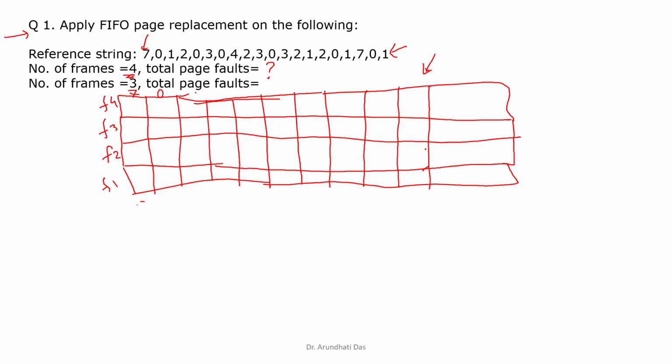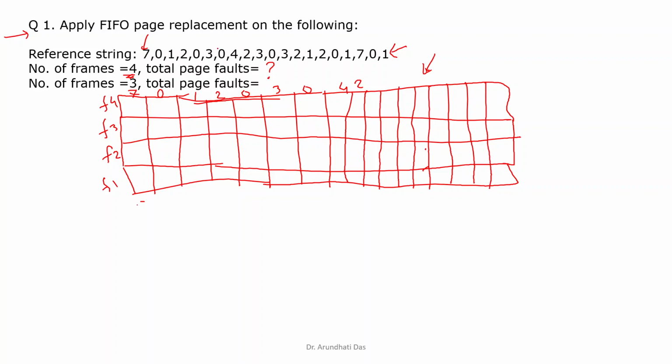The first one is 7, then 0, then 1, then 2, 0, then 3, then 0, then 4, then 2. Let me make some more columns so that I can accommodate the entire string.